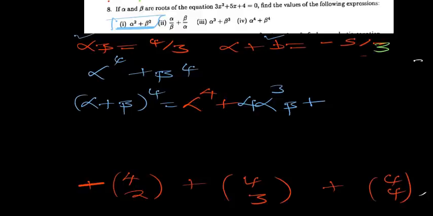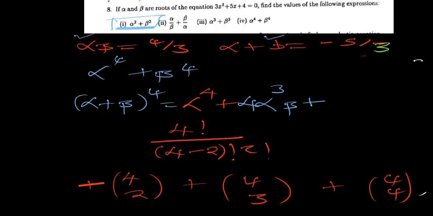So 4 choose 2 means, assuming calculators are not allowed, 4 factorial over 4 minus 2 factorial, times 2 factorial. Whatever you have on top is the value of n, which is 4 factorial, and then the subtraction of 2 from it, factorial of the difference, and then of course 2 factorial.